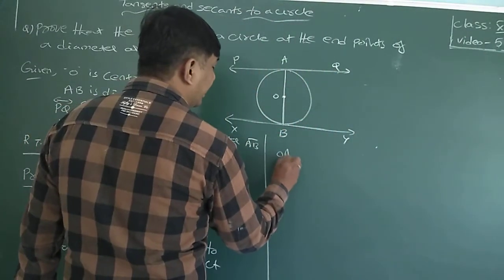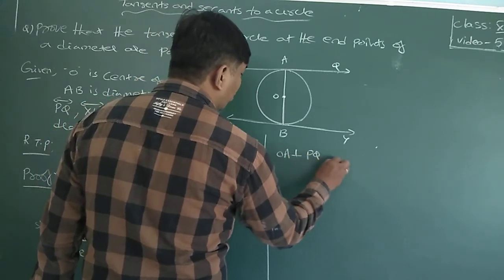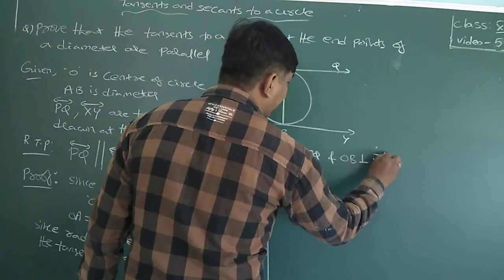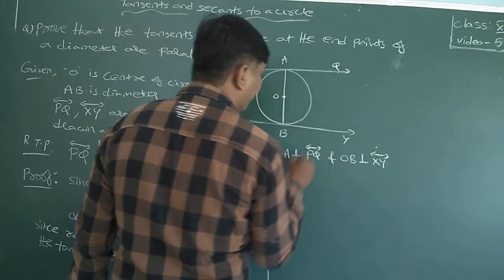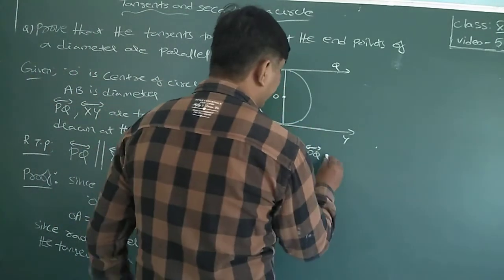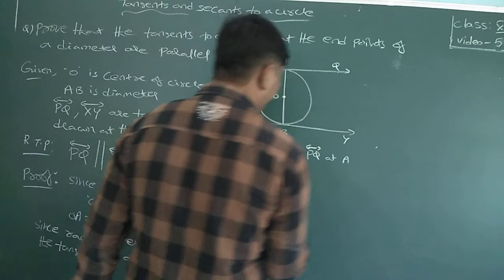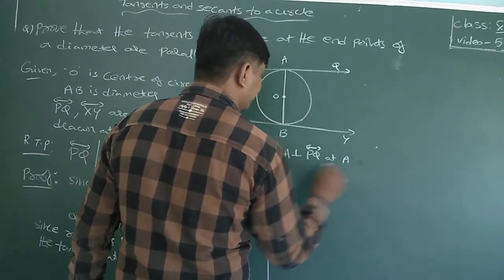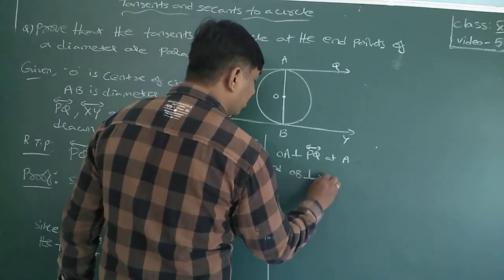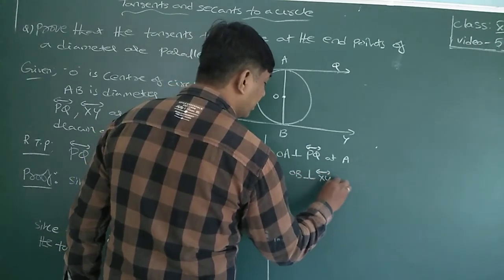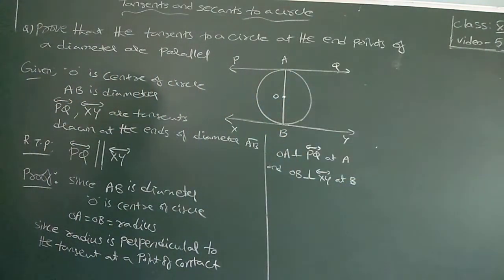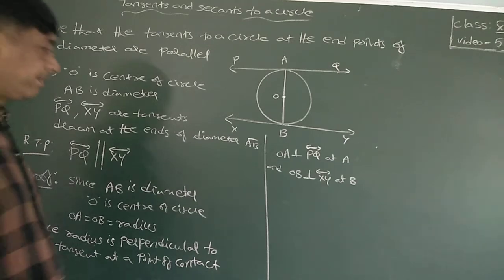OA is perpendicular to PQ at A, and OB is perpendicular to XY at B.